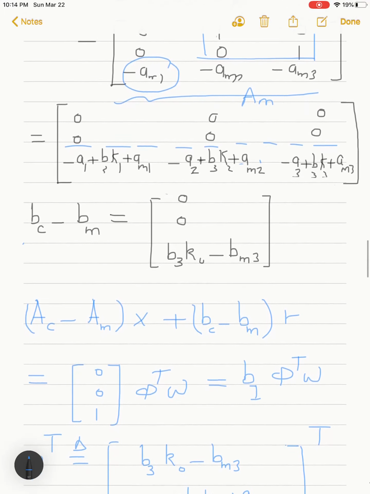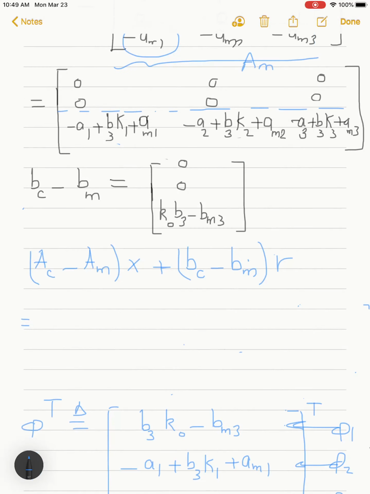Similarly, I calculate BC minus BM. Now I need to multiply this matrix, which is AC minus AM, by X, and this vector by R.